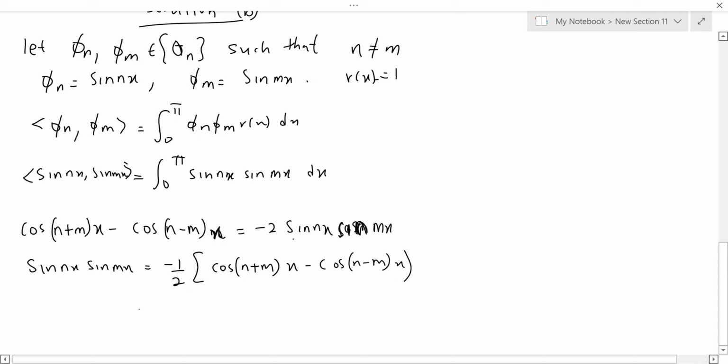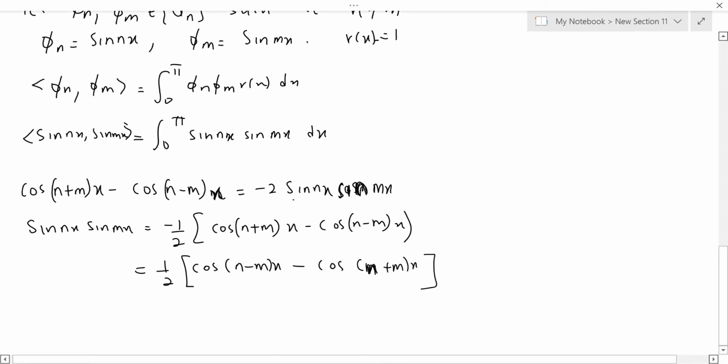If you multiply through by the minus to open the bracket, you get 1 over 2, then cos(n minus m)x minus cos(n plus m)x, since the minus times the minus becomes plus. You can start with the positive part, cos(n minus m)x, then the negative one, cos(n plus m)x.